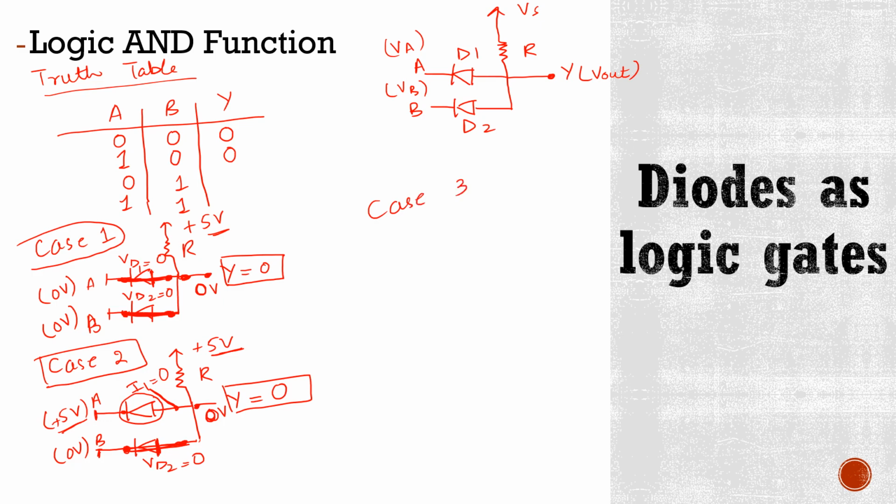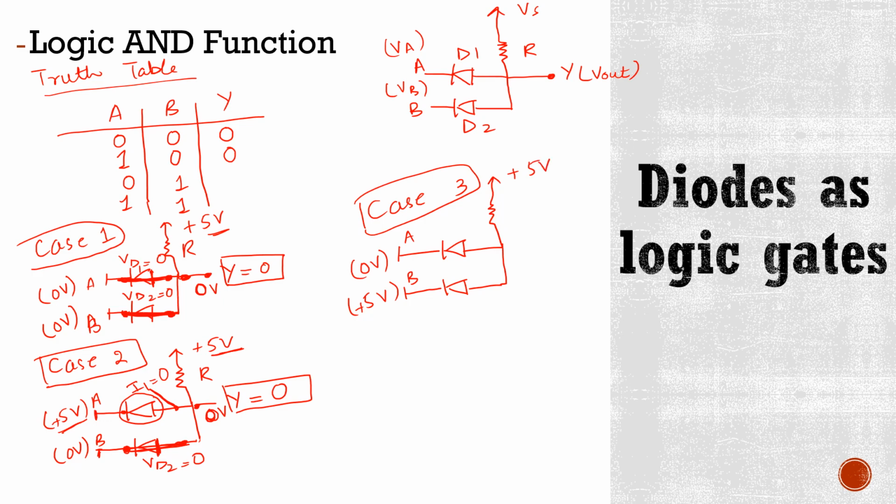Now look at case 3. In this case, terminal A is maintained at 0 volts. It means there is no voltage applied here and this terminal A is off, whereas here terminal B is on where 5 volt is applied here.